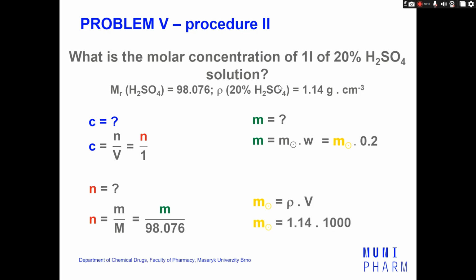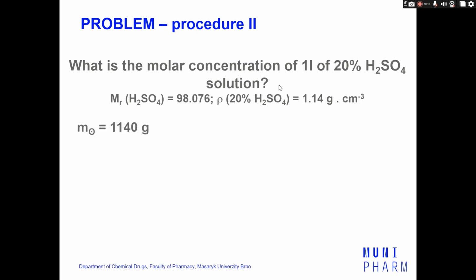And here I have both values, so it's no problem to calculate the mass of the whole solution and then substitute it in the previous step to calculate the mass of the substance, then return to the previous step, calculate the amount of the substance, and substitute it in the first formula to calculate the molar concentration.